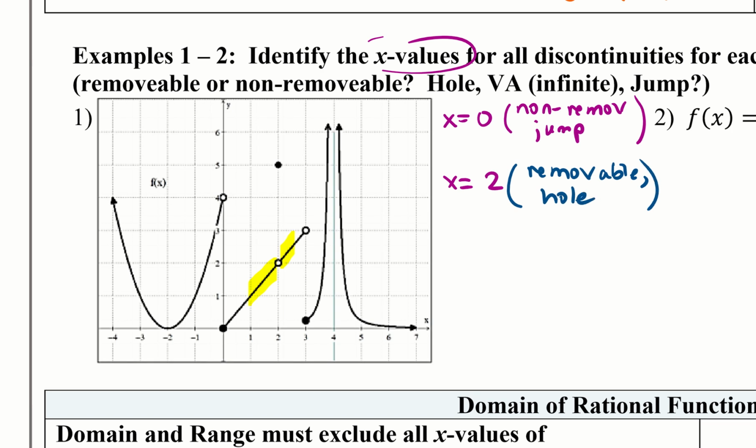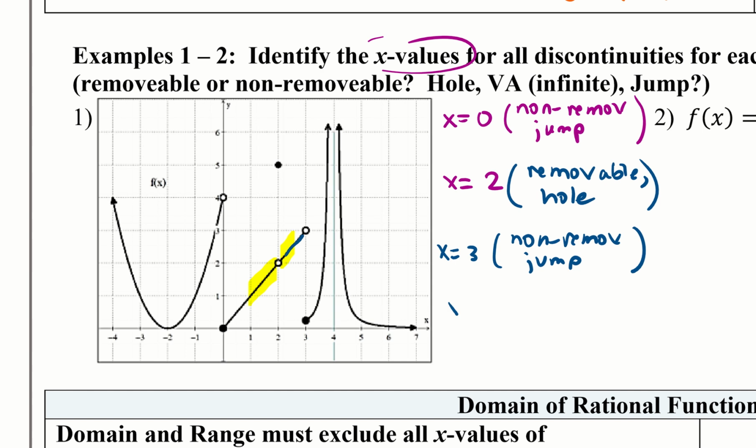I have another one when x is 3. This is not a hole in the graph. Although it's connected on one side, it's not connected on the other side. This is a jump, which is a type of non-removable. Please notice I'm categorizing it always as either removable or non-removable, and then saying what it looks like on the graph, the visual description.